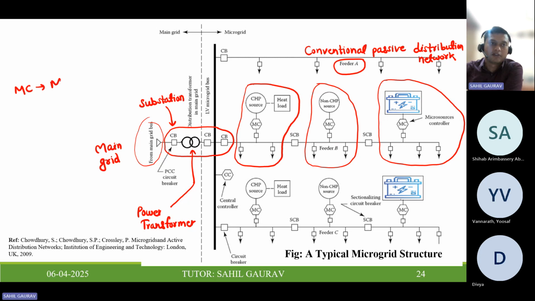So MC denotes microgrid here. And this SCB denotes sectionalizing circuit breaker. So in a feeder, generally we have sectionalizing switches, and tie line switches are used to connect the two feeders, two feeder areas. Sectionalizing circuit breaker.